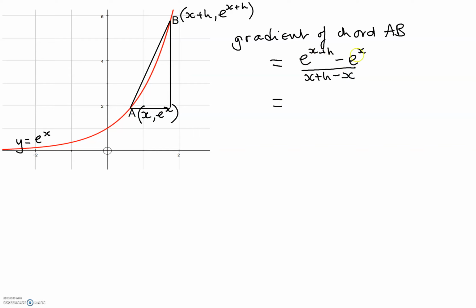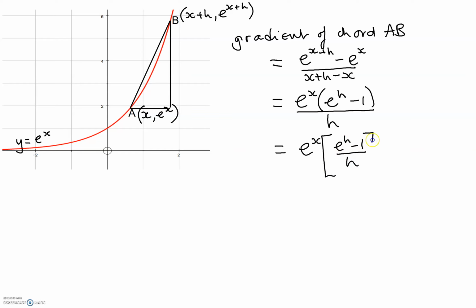We can factorize out at the top. We can take e to the x out, and we are left with e to the h minus 1, and the denominator is going to just simplify to h. And I can rewrite this as e to the x times e to the h minus 1 all over h.